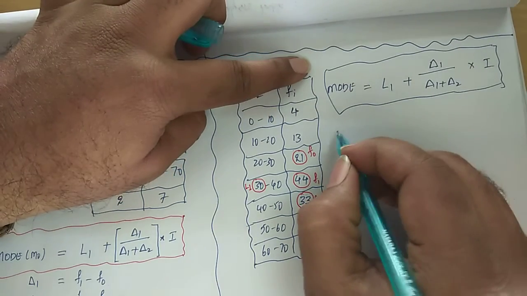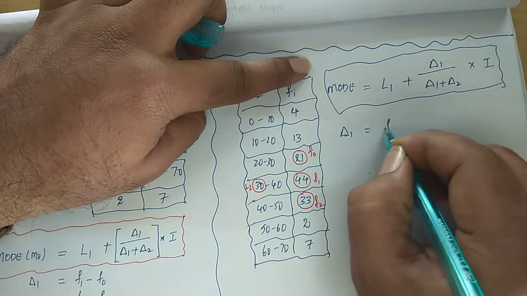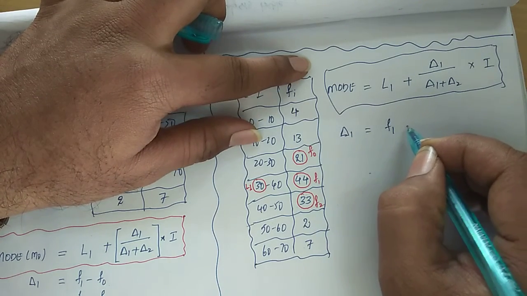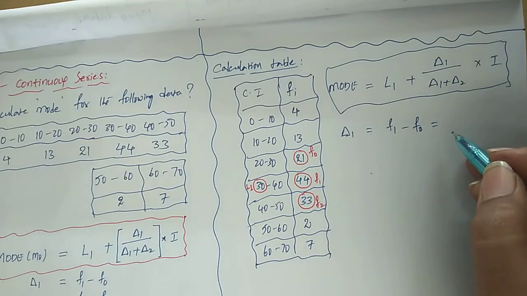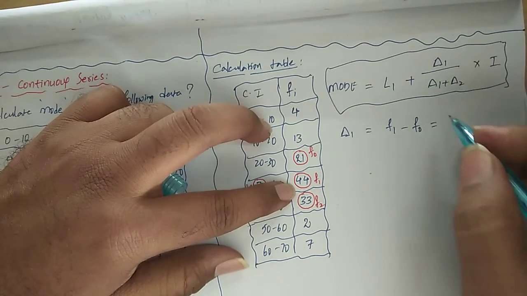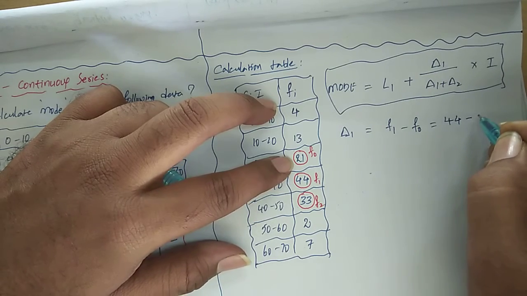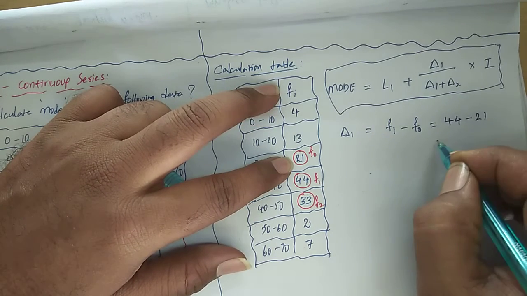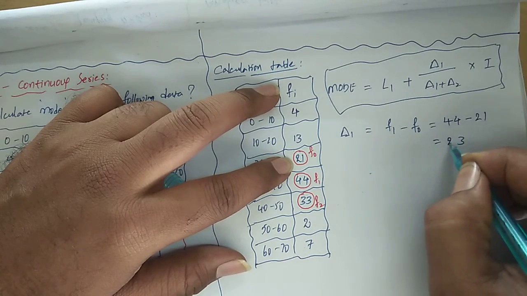Okay. Now what is delta 1? So F1 minus F0. So that is equal to, what is F1? 44 minus F0. So 21. So how much you will get? 23.